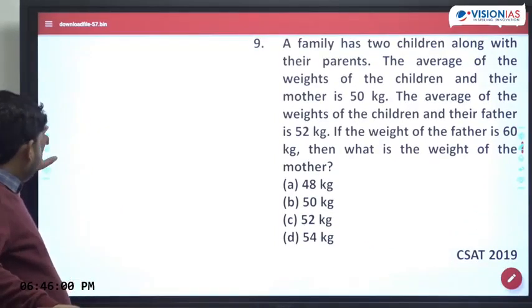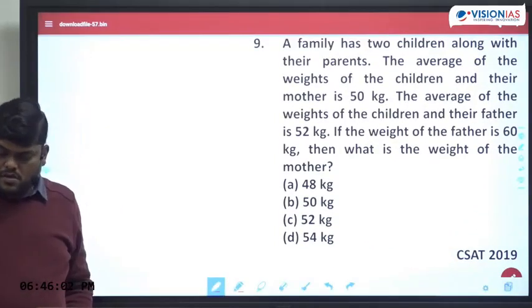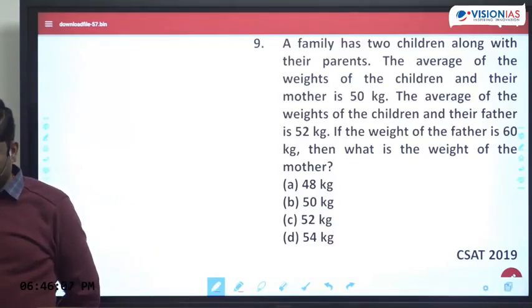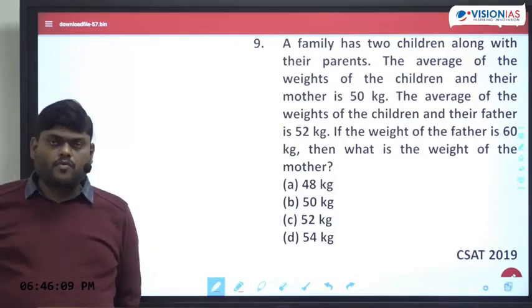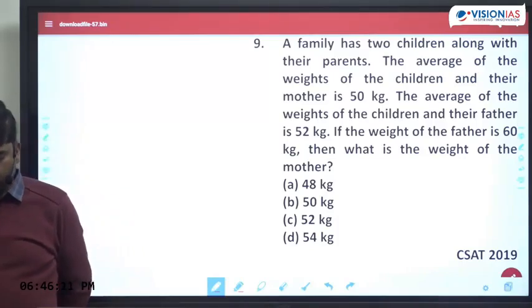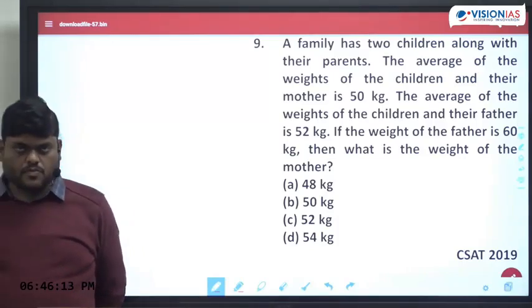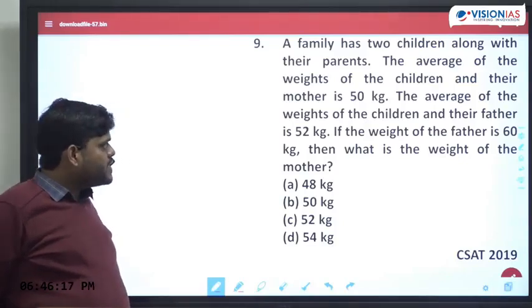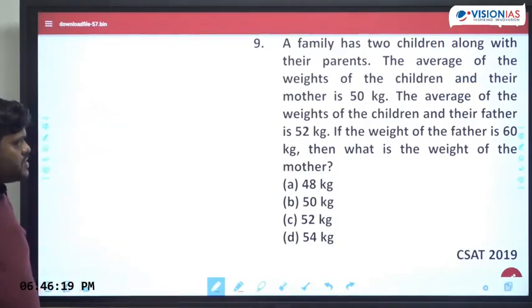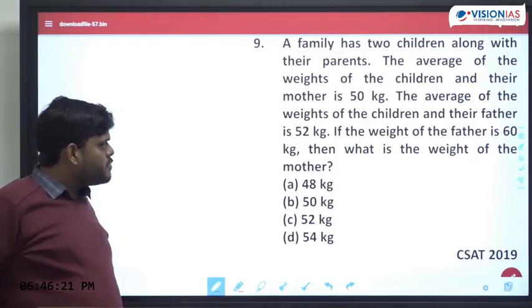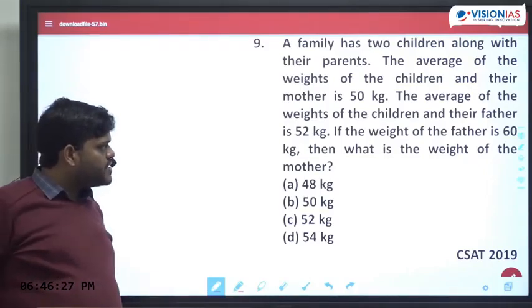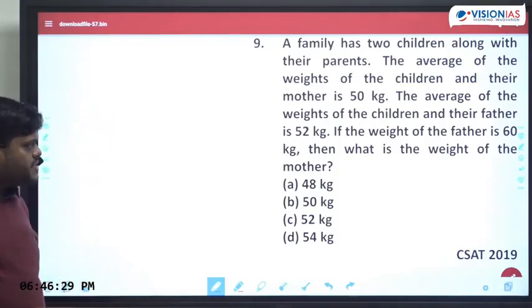Try this question. A family has 2 children along with their parents. The average weight of the children and their mother is 50 kg. The average weight of the children and their father is 52 kg.